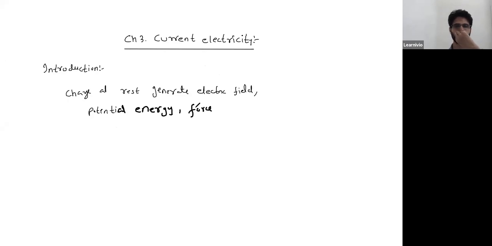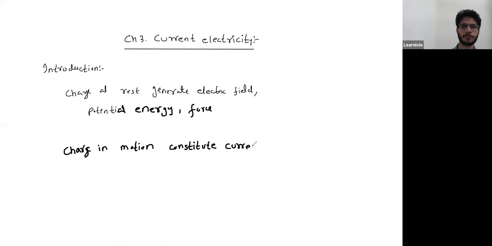So these are aspects which are related to the charge at rest. But if the same charge comes in motion, charge in motion constitutes current. So if a charge is in motion, it will generate current.